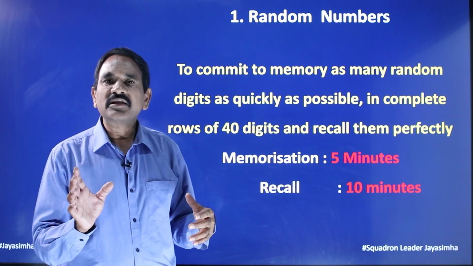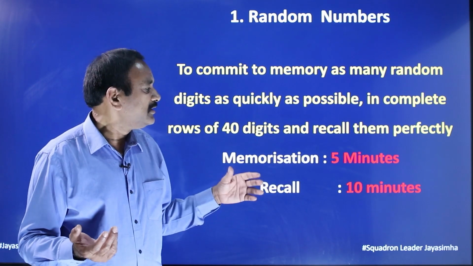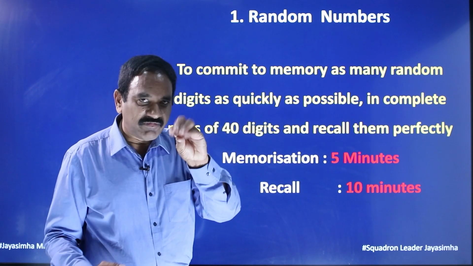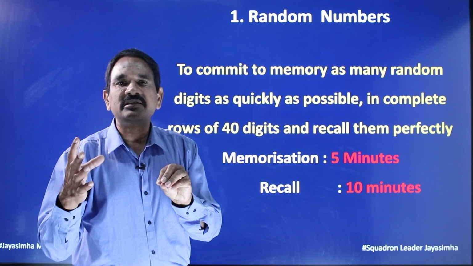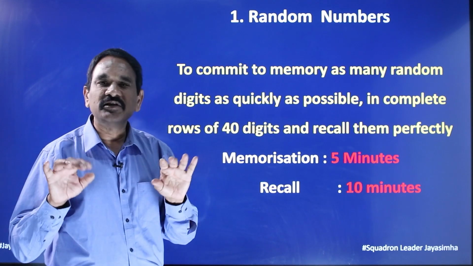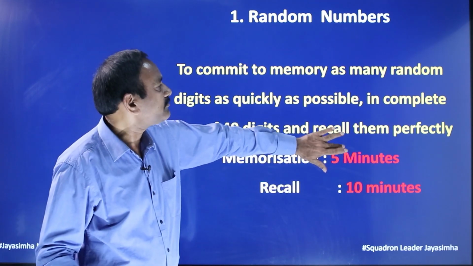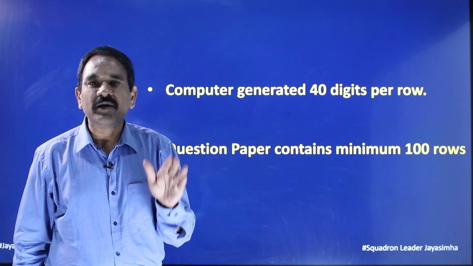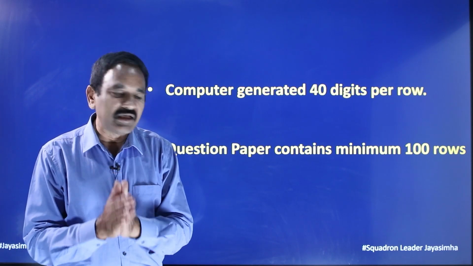After that, all the numbers will disappear, and then you will have 10 minutes to recall. Memorization time is 5 minutes, recalling time is 10 minutes. Again you will have boxes in which you need to fill in the numbers. The computer generates 40 digits per row, all of them random numbers.